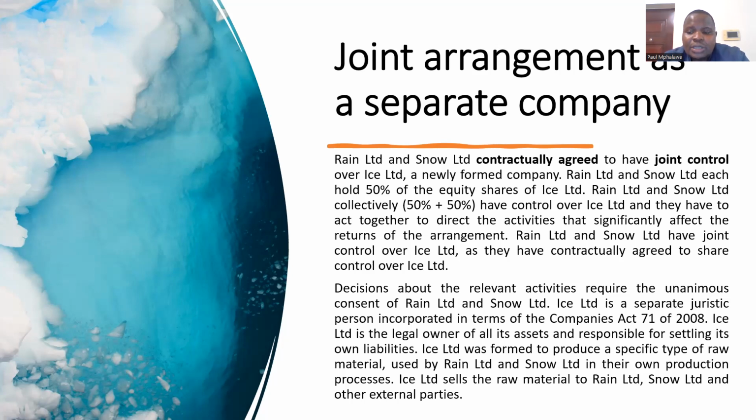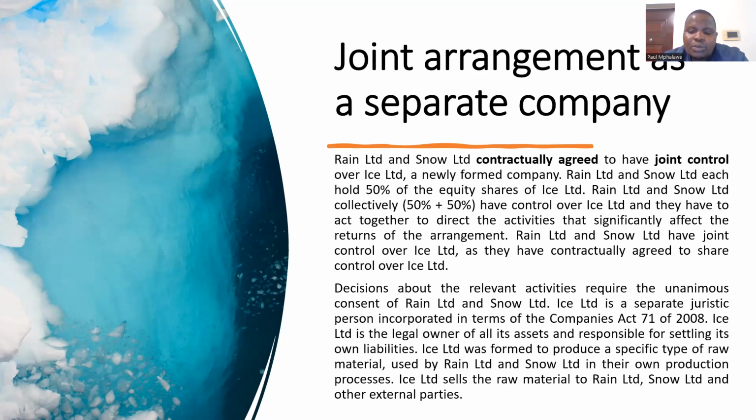ICE Limited is a separate juristic person incorporated in terms of the Companies Act, that's the South African Companies Act 71 of 2008. ICE Limited is the legal owner of its assets and responsible for settling its own liabilities.